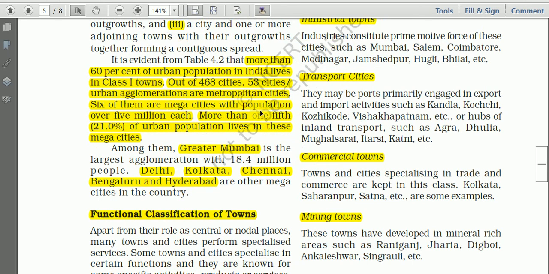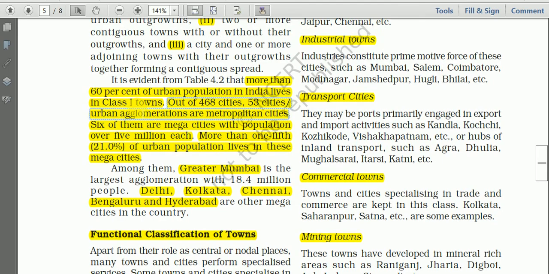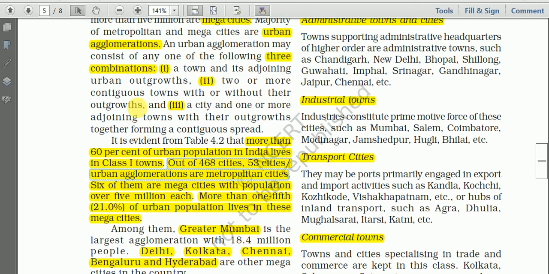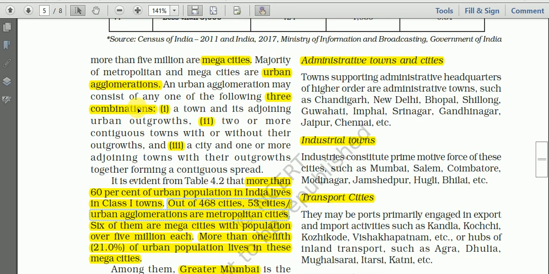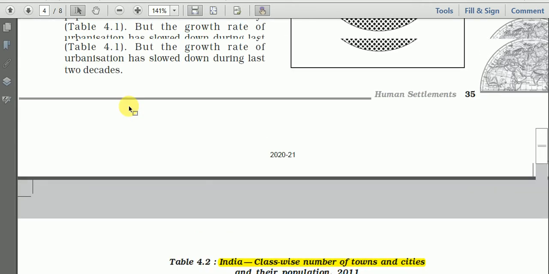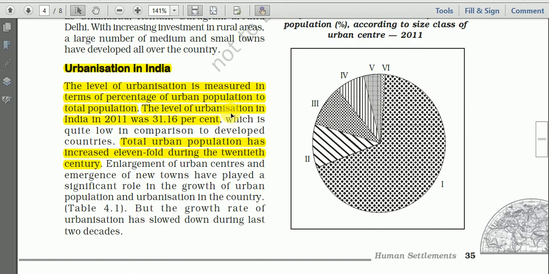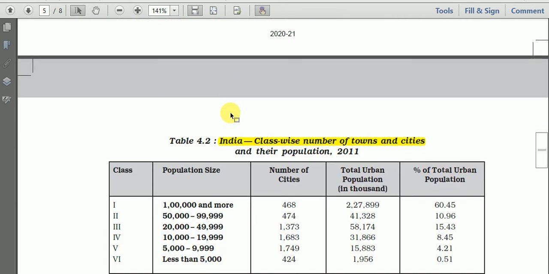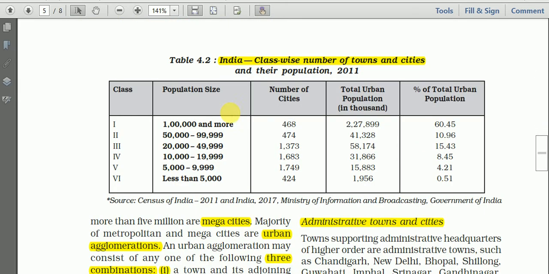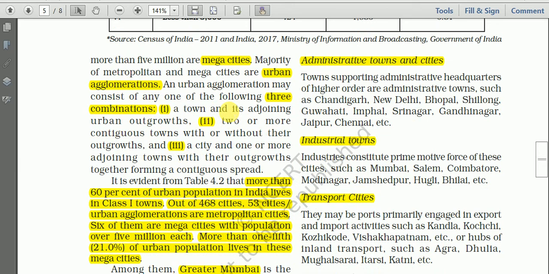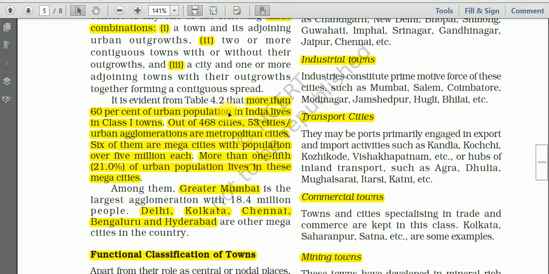That means the cities having population between 1 to 5 million, as mentioned here, are called metropolitan cities. That means in India, according to the 2011 census, we have 53 cities in the urban agglomerations.